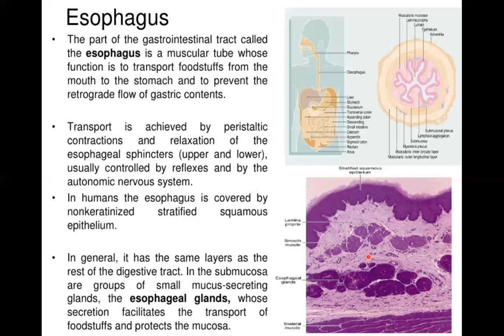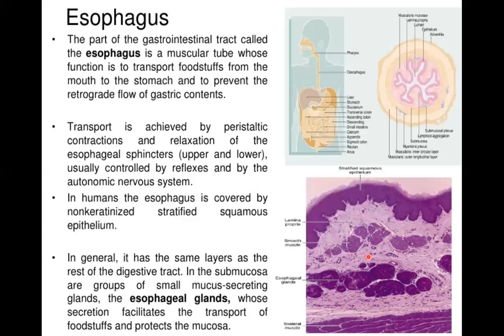In the middle, it is a combination of skeletal and smooth muscle. In the lower third, it is completely smooth muscle. This is a characteristic feature of the muscularis externa, and we should not forget that between the inner circular and the outer longitudinal layers, we have the myenteric plexus, the autonomic plexus for the alimentary tract in this part.